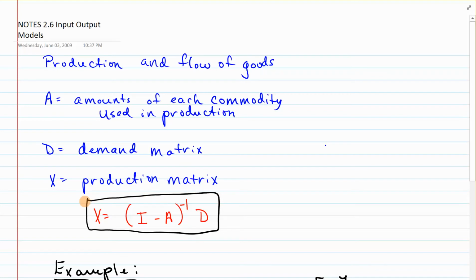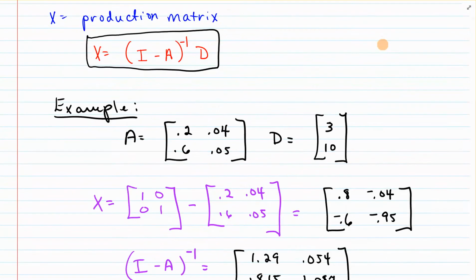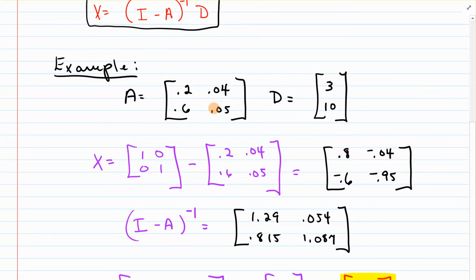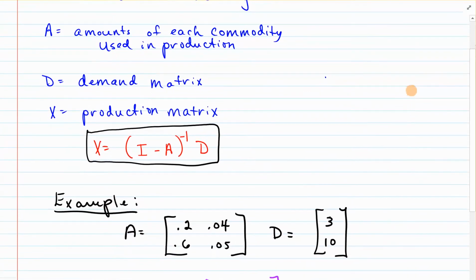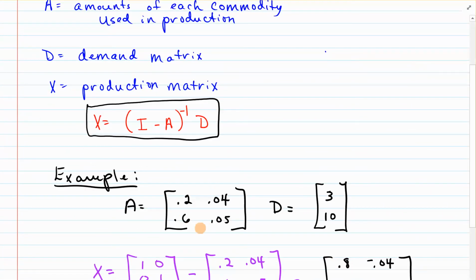The various variables are A, which is the amounts of each commodity used in the production, D is the demand matrix, and X will be the production matrix. So here's an example. If A is the amount of commodity, that's that matrix, and the demand matrix is this.